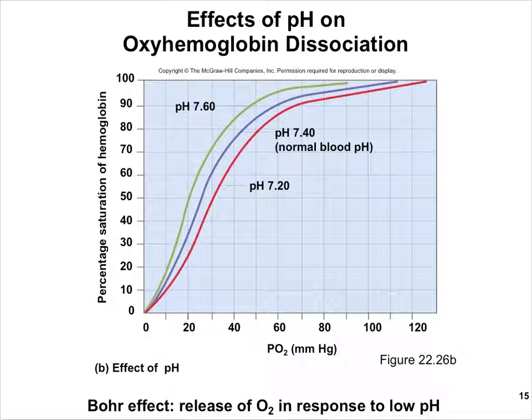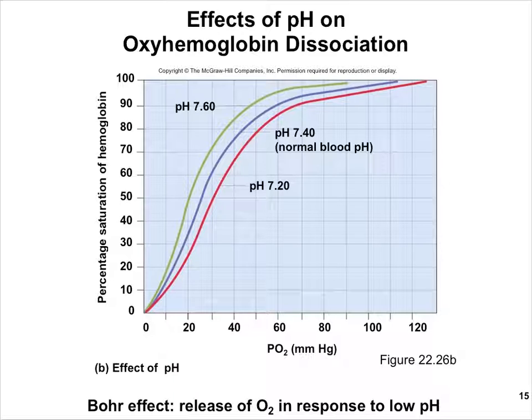All right? Okay, let's say that your blood is more acidic. What could cause your blood to be more acidic? Well, let's think about it. If your blood is more acidic, it may mean that you are producing more CO2 because your body is burning more energy. More CO2 means more acid. What else could lead to your body being more acidic? Well, what happens with your muscles when you can't get oxygen to them fast enough?